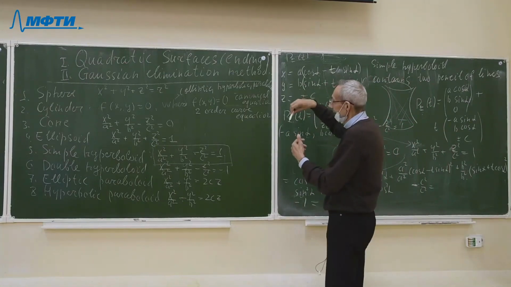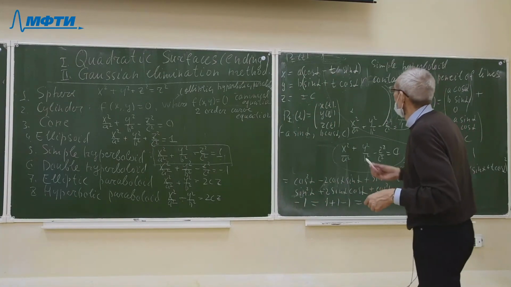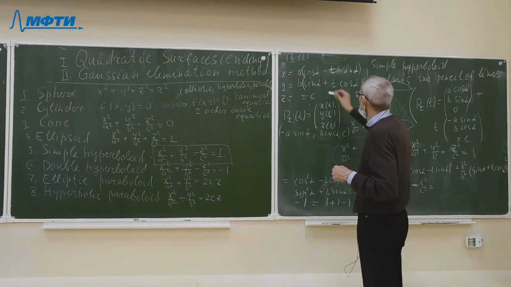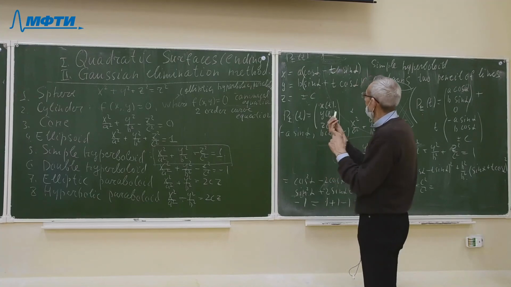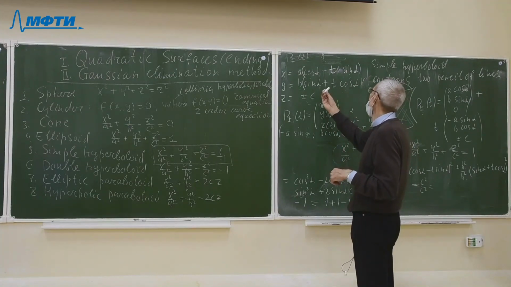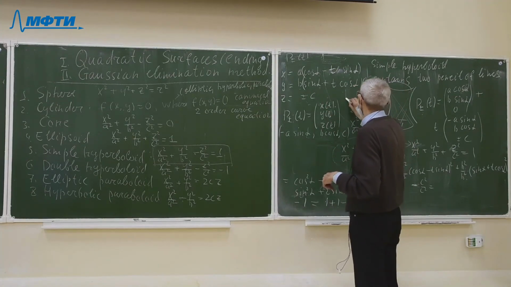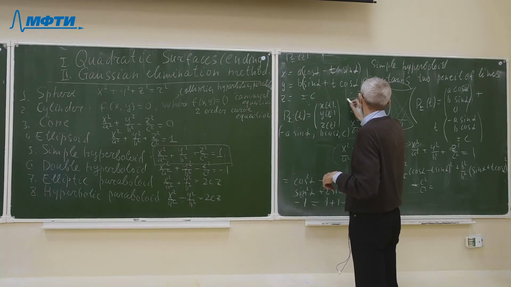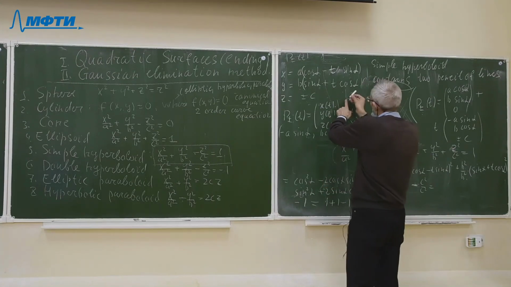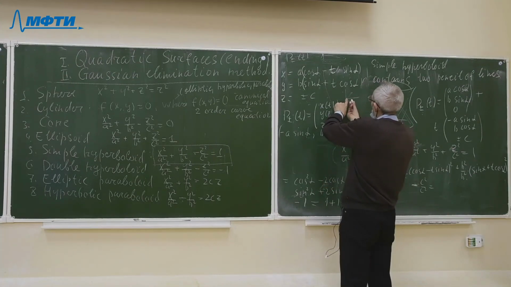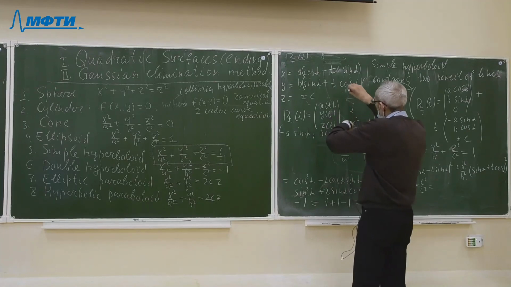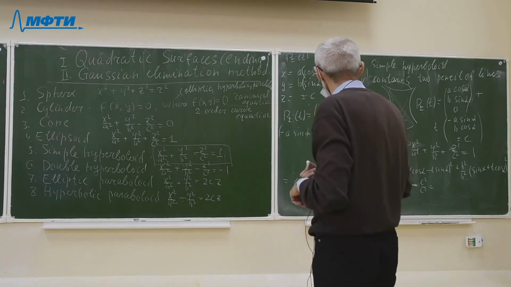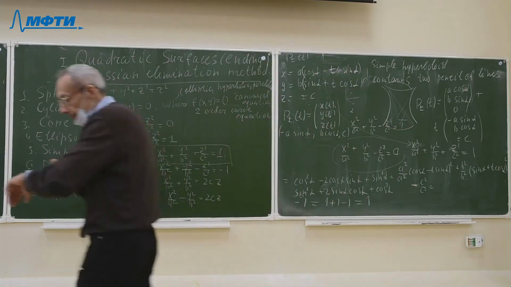We change the sign of this vector in this place, and also change this. This direction is such, and the direction is opposite in the third coordinate. Okay, yes.